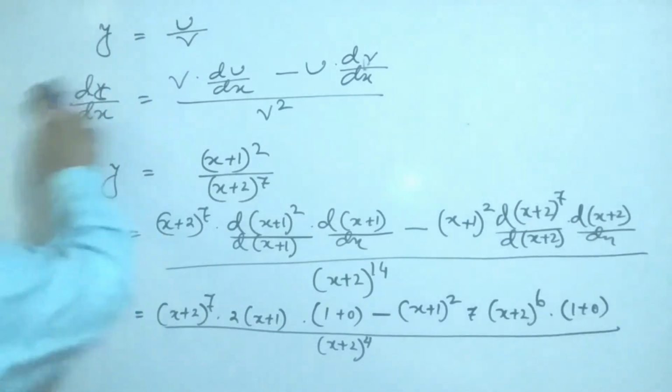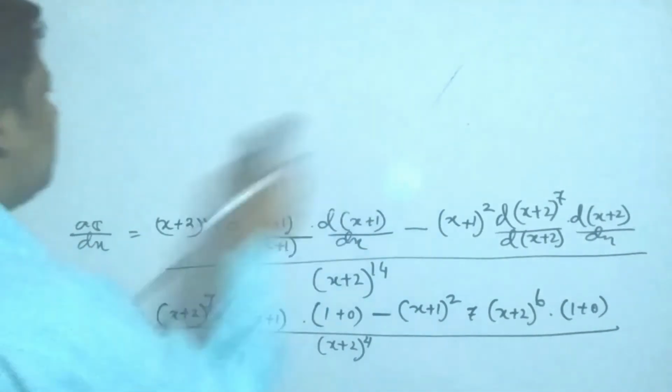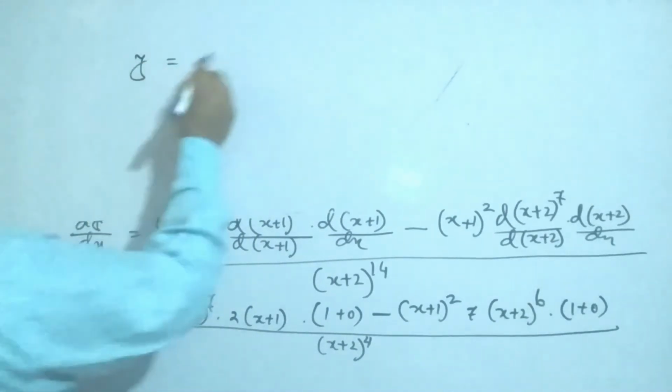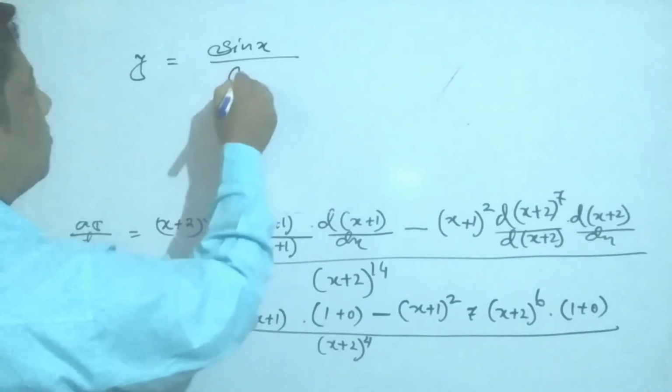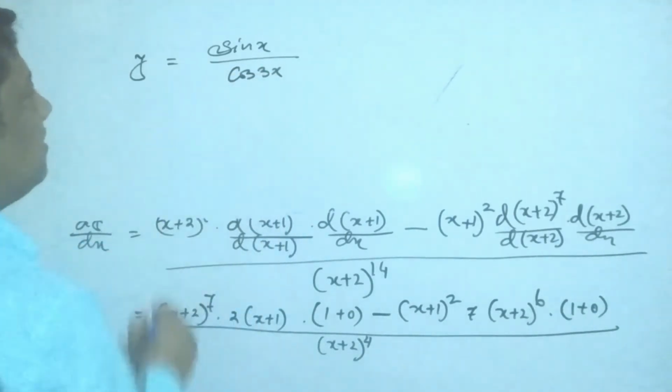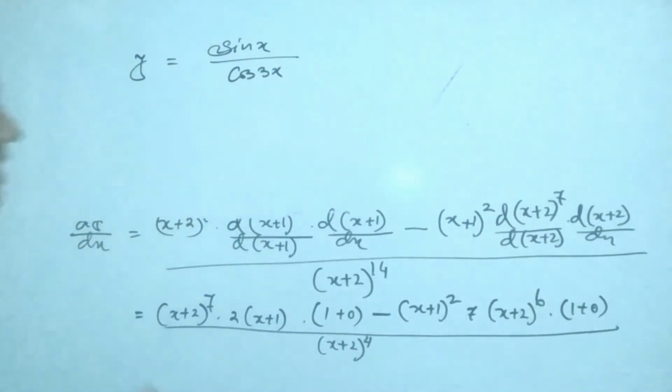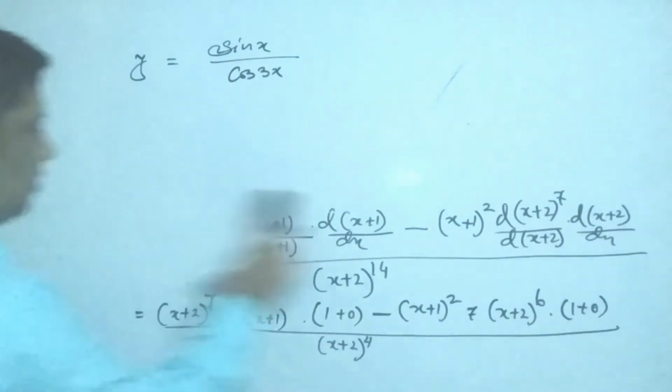Suppose another example is given: sin x upon cos 3x. Now you can use the u upon v form.